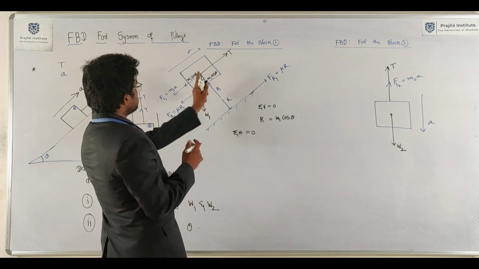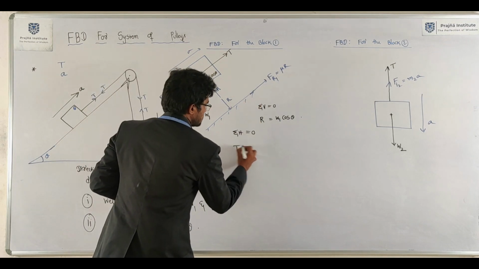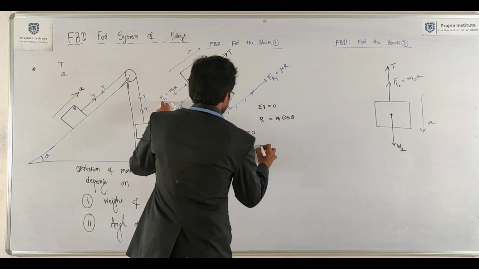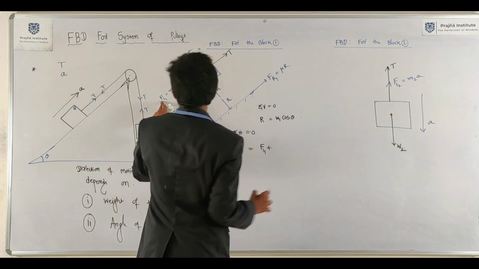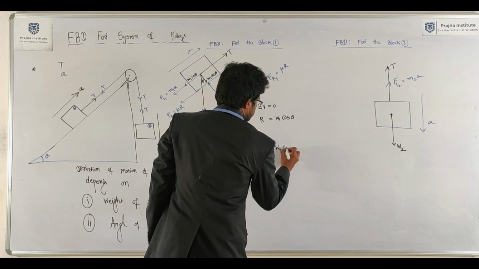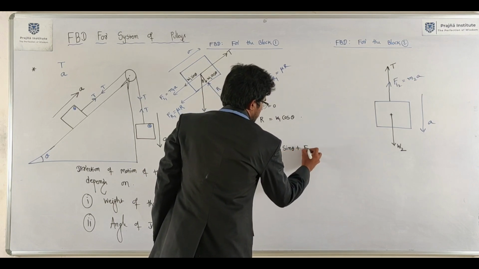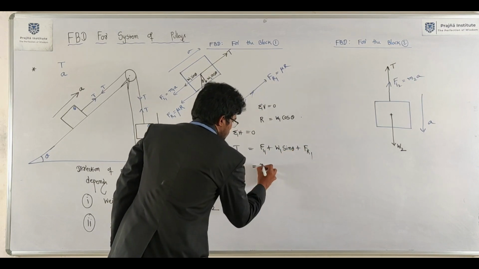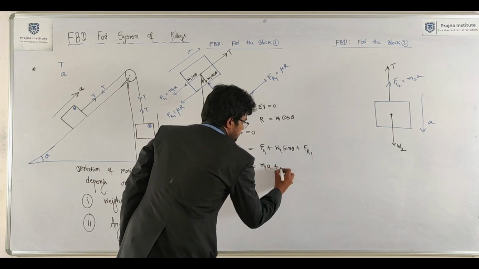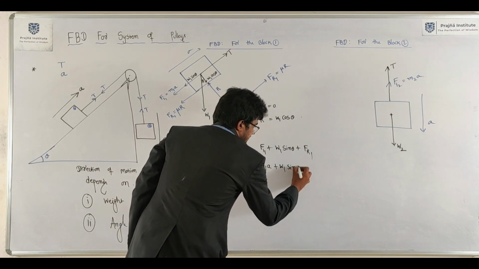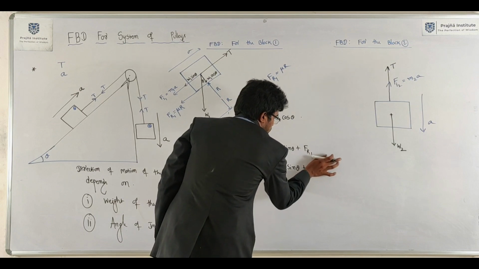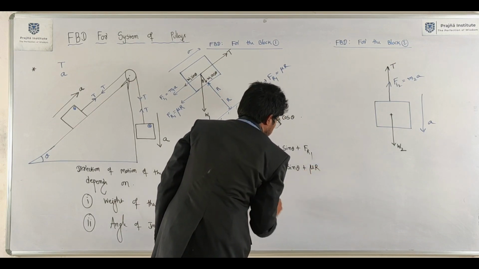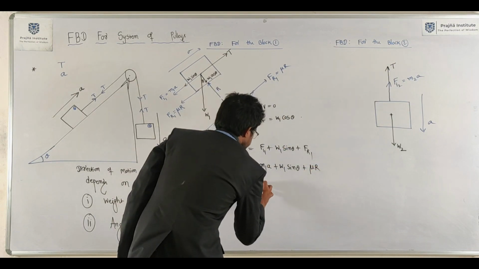Here tension, sum of the left forces equals right forces: T equals inertia force 1, W1 sin theta, frictional resistance 1. M1 into acceleration, W1 sin theta plus mu into R. What is R?